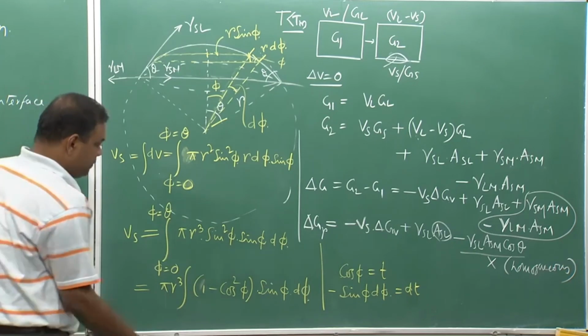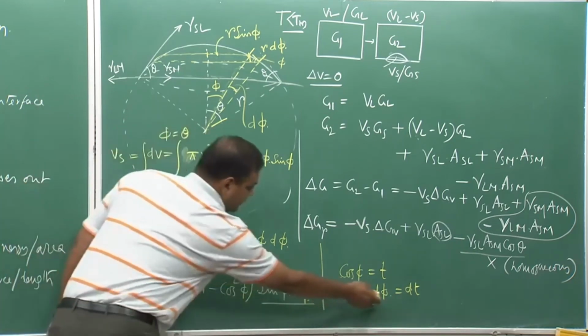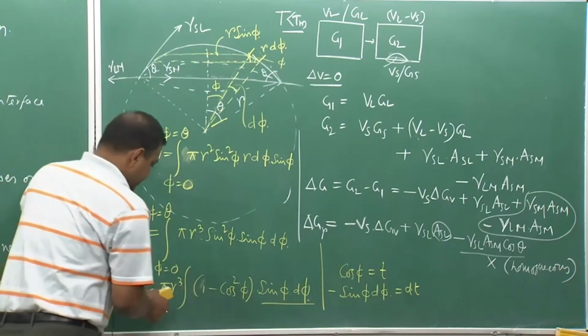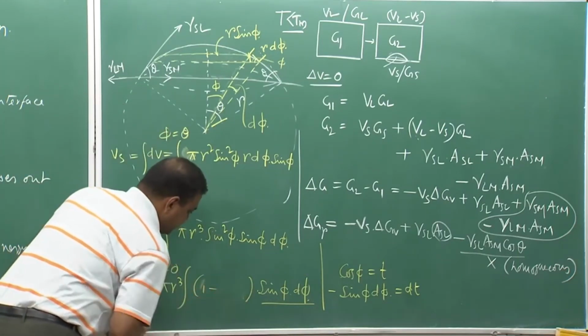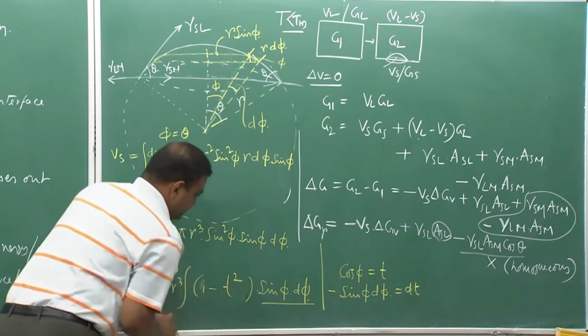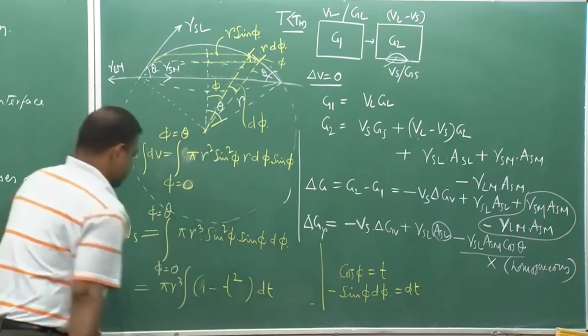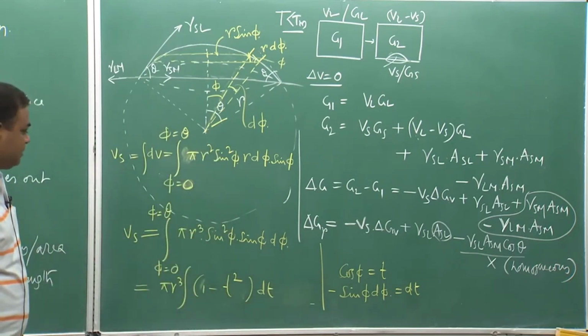So I can replace this one with dt and this one as t. If I do this particular adjustment, this becomes much simpler.